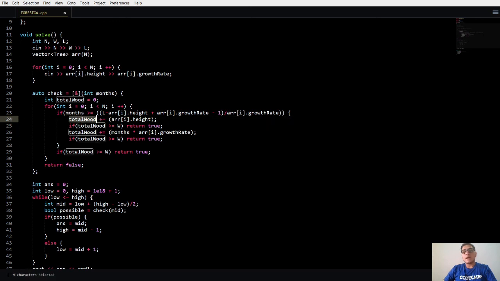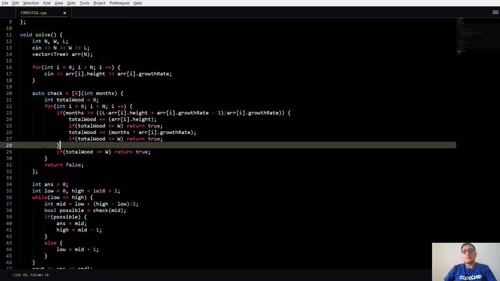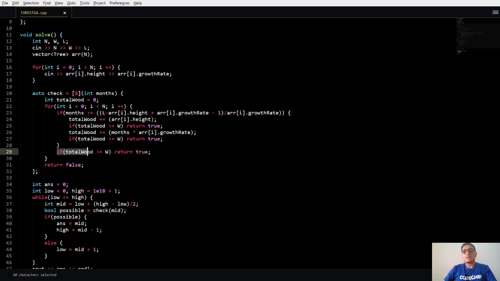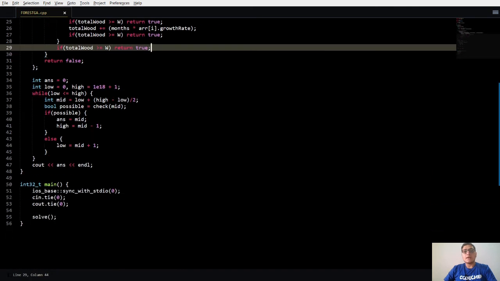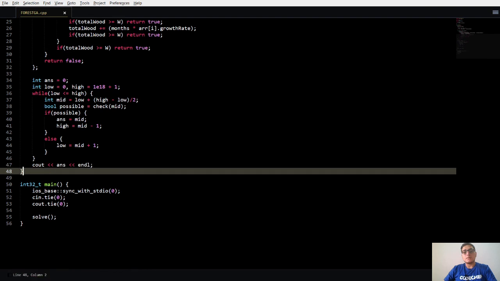So we add height to the total wood and again check whether it is equal to W or not. If it is not, then we will add month star growth rate, which is the extra height that the current tree has grown, into our total wood, and we will check this again. Finally, for safety, we will check it again and we will return true or false accordingly. Finally, we will print our answer.